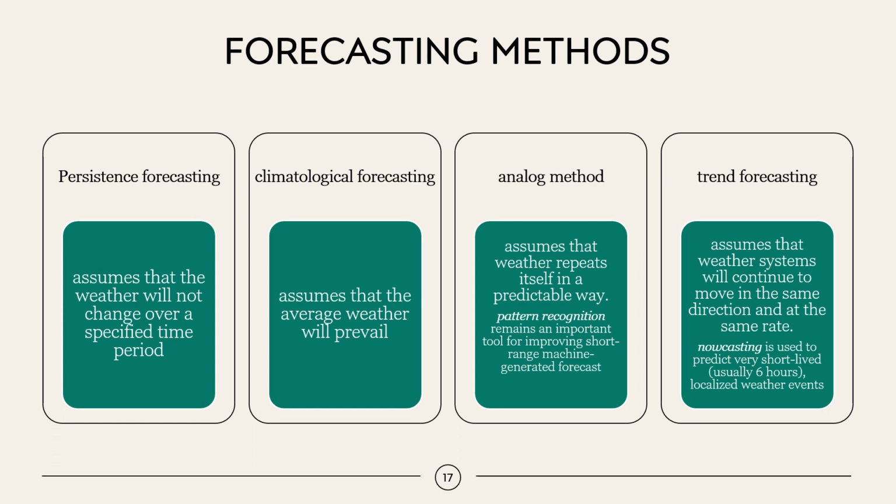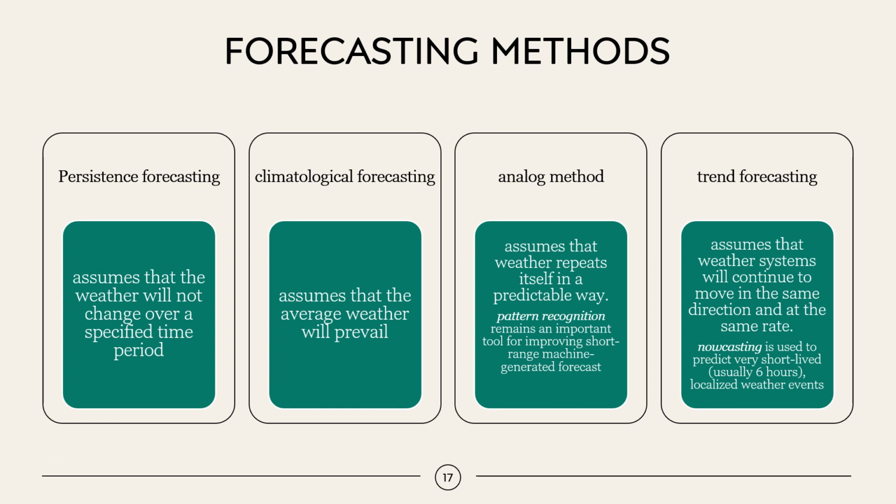And a type of trend forecasting is nowcasting, which depends heavily on weather radar and geostationary satellites. Its primary use is to issue warnings of severe weather, such as tornadoes, hailstorms, and high winds, because such mesoscale phenomena are too small to appear on a prognostic chart.